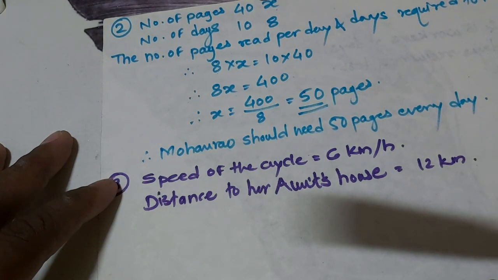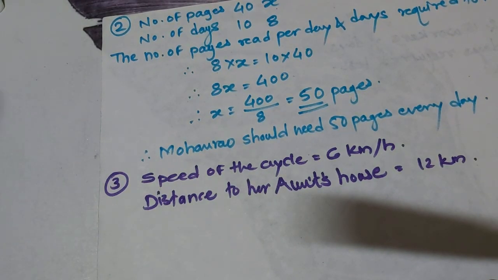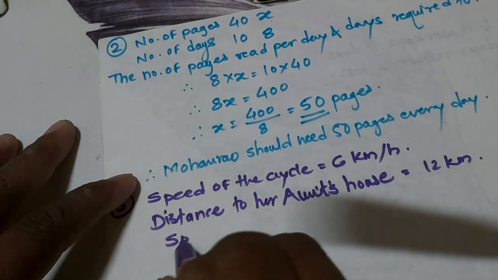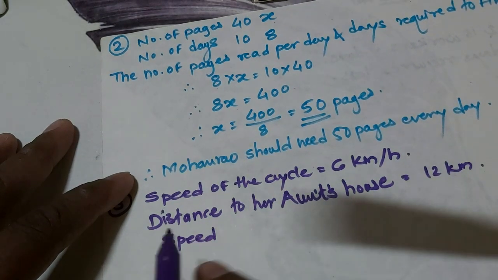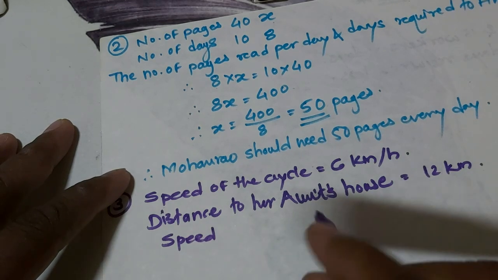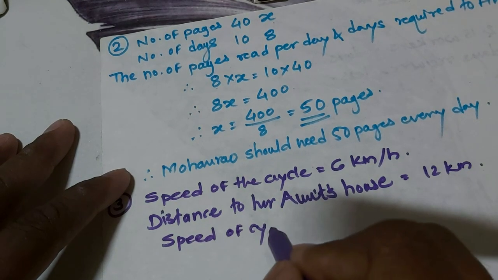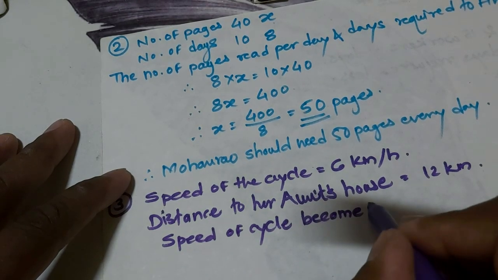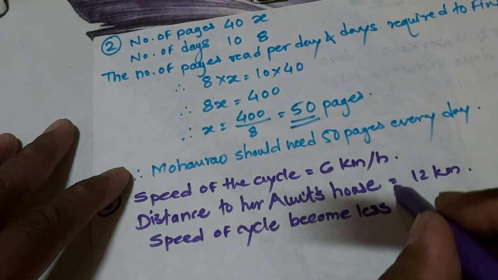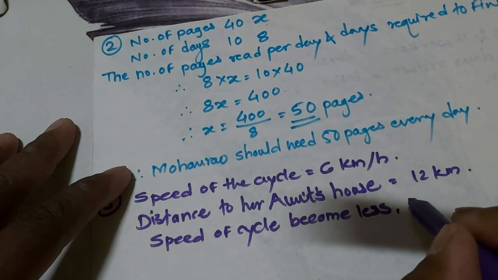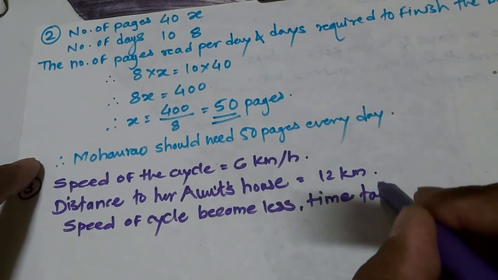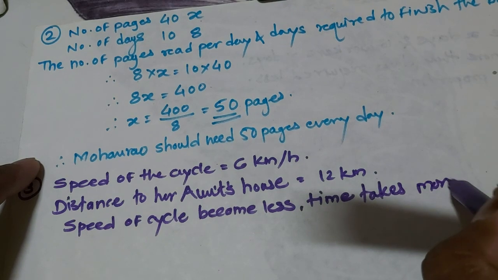So now students, the speed of the cycle becomes less, time taken more, means here we'll write our pattern sentence for inverse proportion. That's why we have to build a sentence. Speed of cycle becomes less, time takes more.